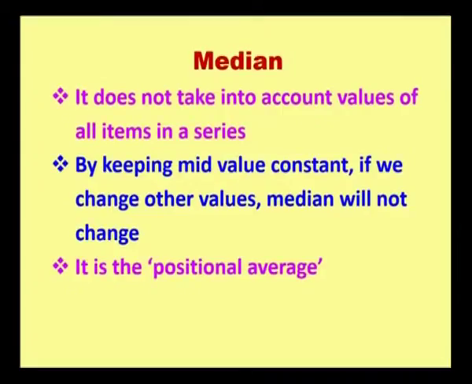The extreme values are not affecting the median, and therefore, it is called the positional average, and therefore, it is only a position. It is not telling exactly what the average value is, but it is dividing the data set into 2 sets, and therefore, still it is useful.